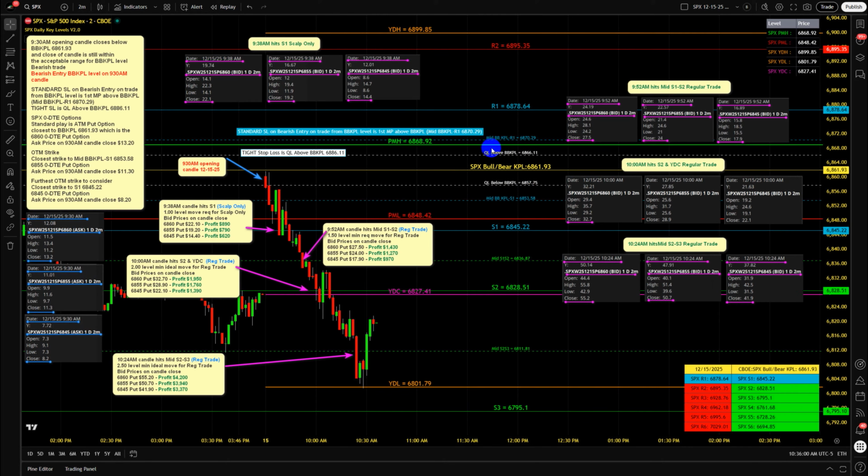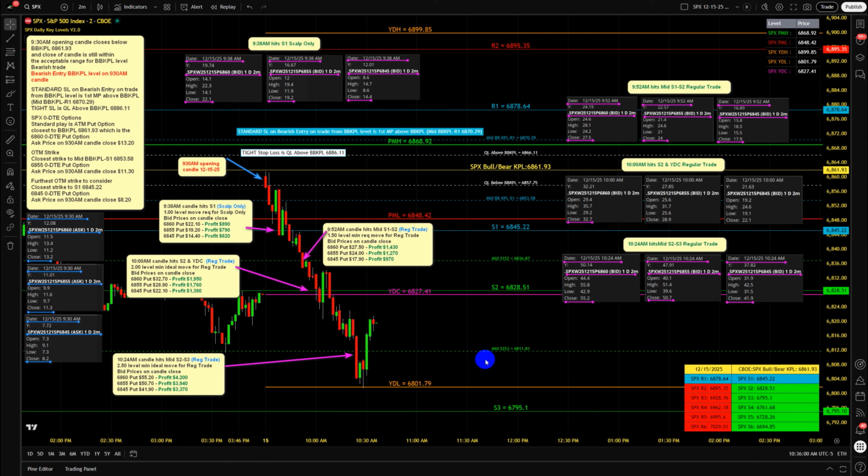One is that these are your standard stop losses and tight stop losses. On bearish trades from the bull bear KPL, the QL above and the midpoint above are your stops, and for bullish trades, your standard stop loss would be the midpoint below, and your tight stop loss the QL below.